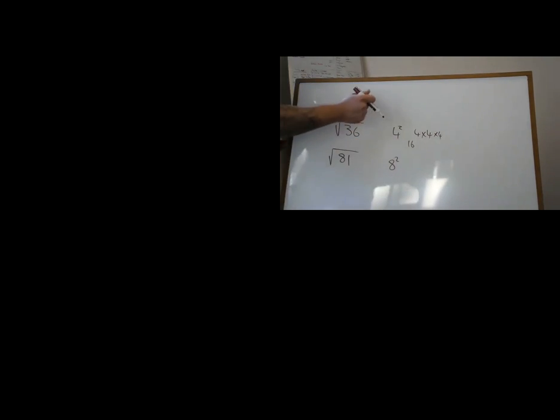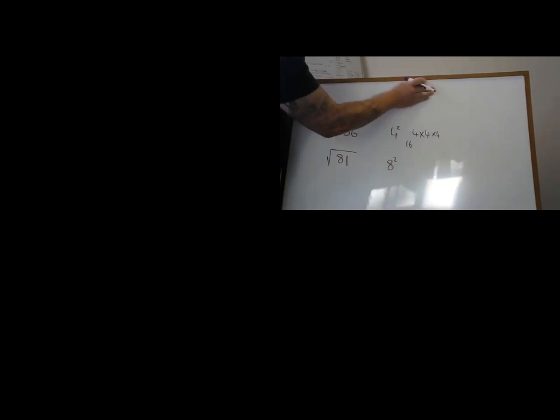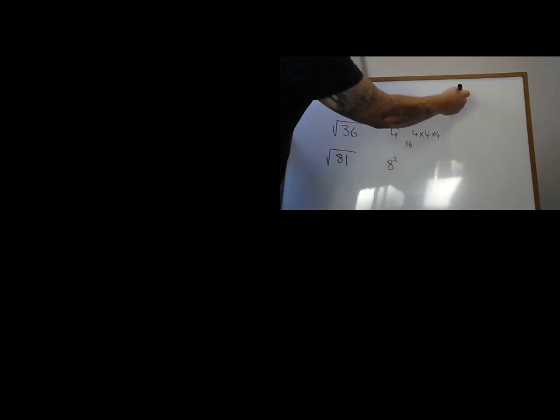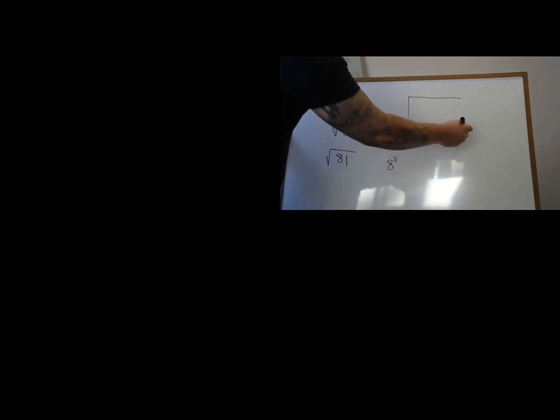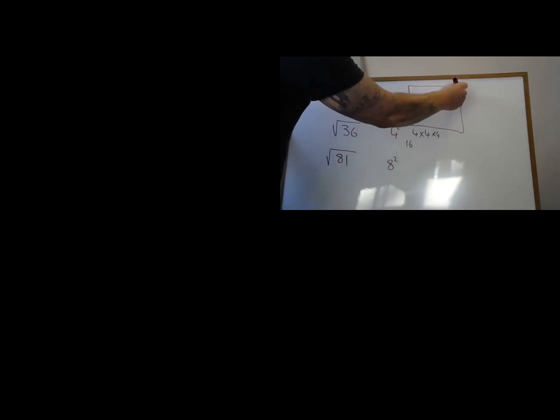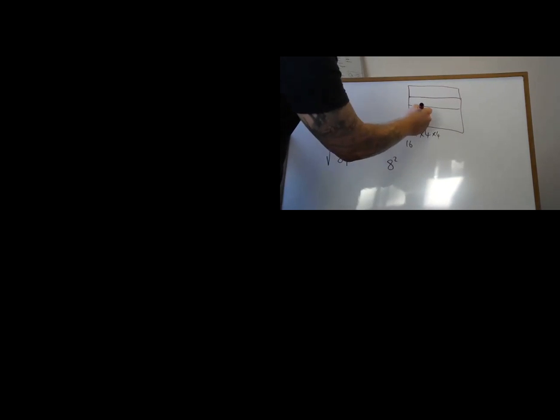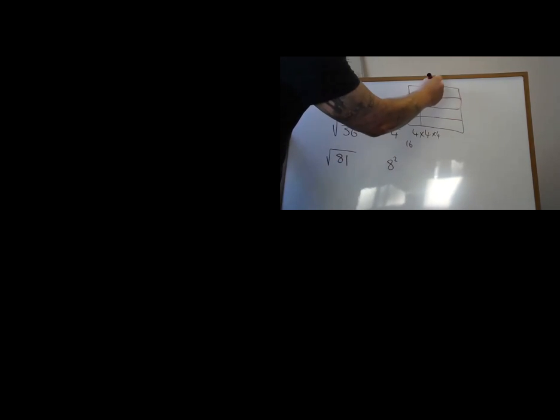If you want another way to figure it out, actually draw 4 boxes, a box with 4 lines going each way, and that'll give you 16. 8 squared, same thing, 8 times 8, 64.